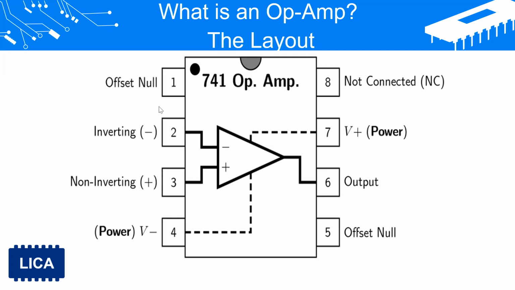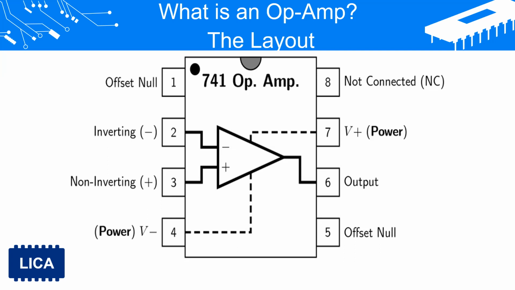Pin 1 and pin 5 denote offset null. Because of the high gain provided by the 741 op-amp, even slight differences in voltages at the inverting and non-inverting inputs, caused by irregularities in the manufacturing process or external disturbances, can influence the output.